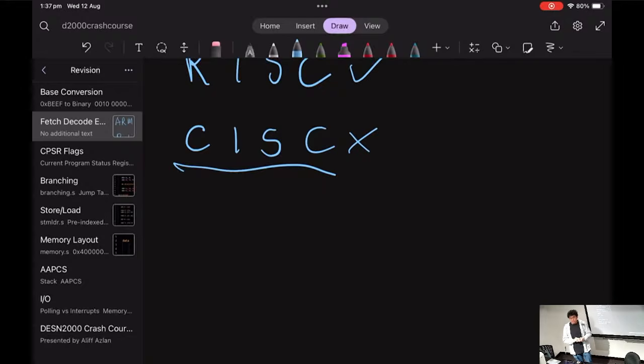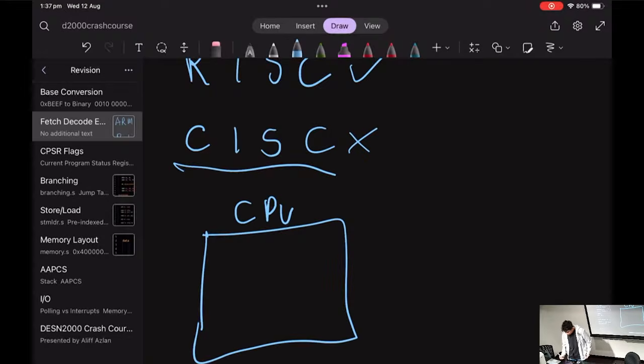Because if you think about it, each instruction has a dedicated circuit, right? So if we think about, like, this is our CPU, right? We have to think about what we can fit inside there. So we could say we have our ALU here.